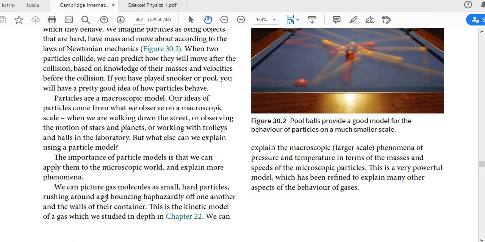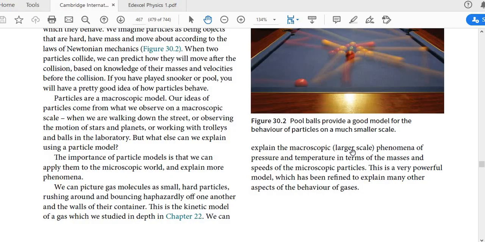Okay, I'll just go through this bit. We can picture gas molecules as small hard particles rushing around and bouncing haphazardly off one another and the walls of their container. So you remember the zigzag movement, the haphazard movement, the random movement. You learned about Brownian motion earlier. This is the kinetic model of a gas which we studied in depth in chapter 22.